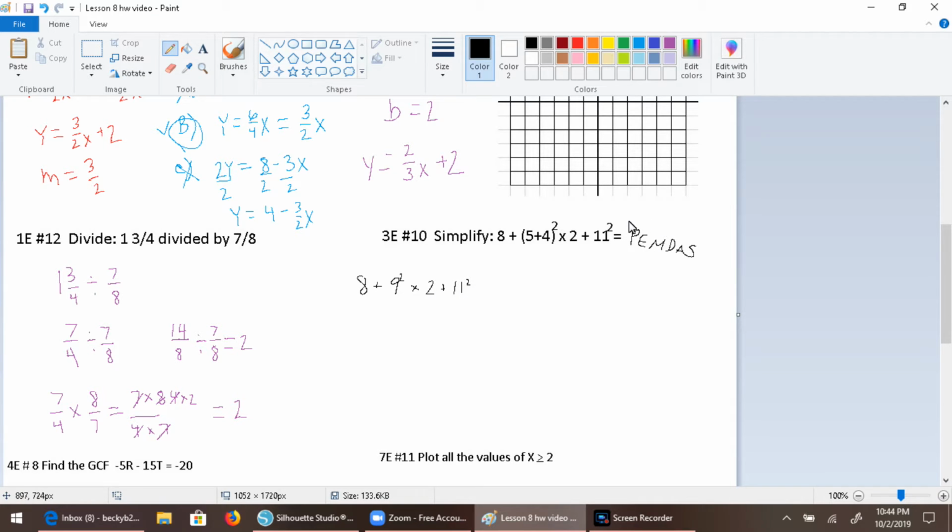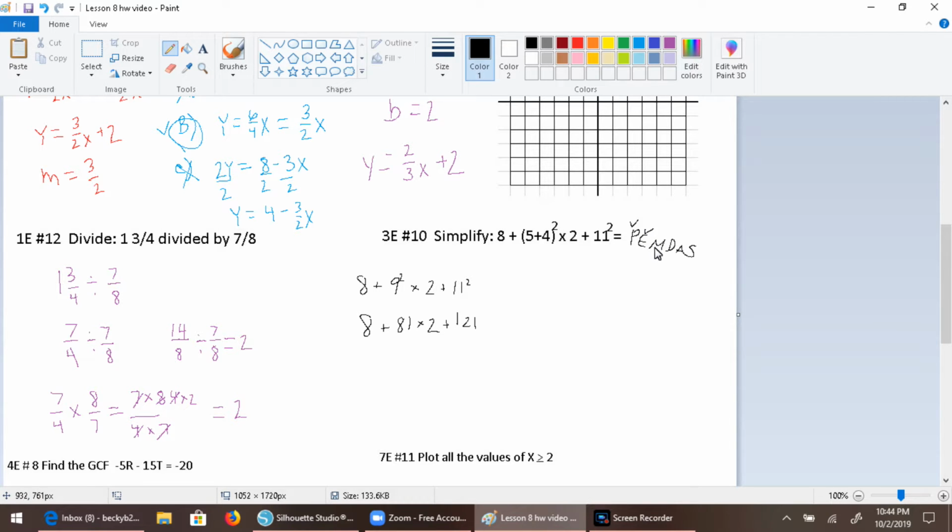So now we've done our parentheses. Next we're going to do our exponents. So 8 plus 9 squared is 81 times 2 plus 11 squared is 121. So we did our exponents.